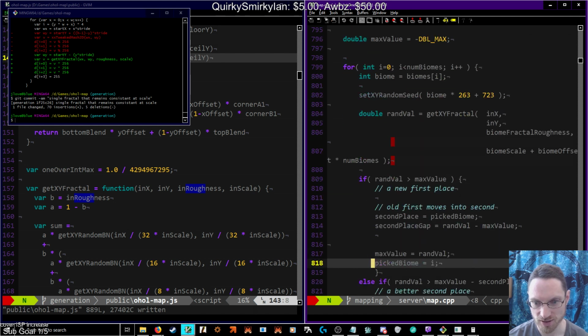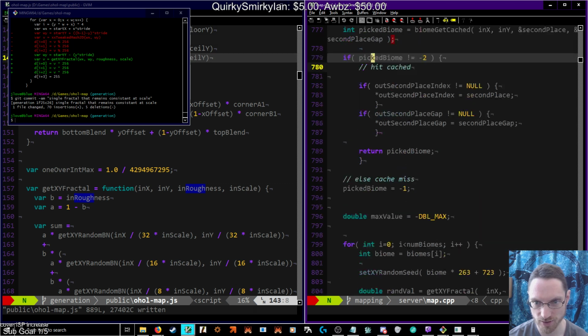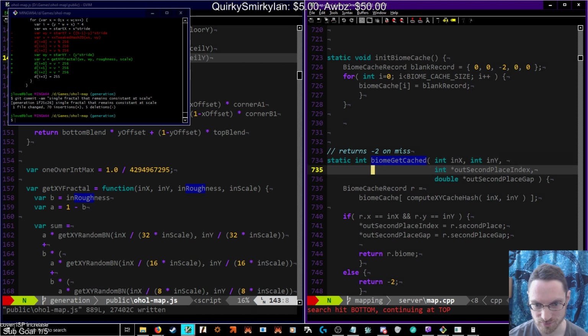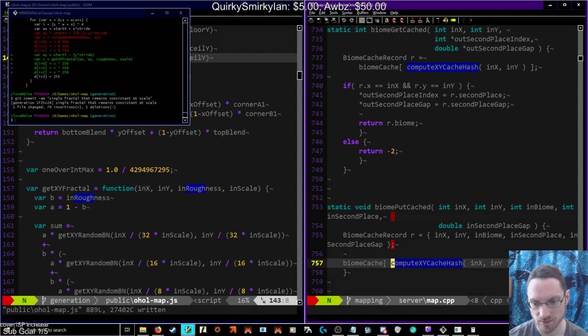There's a first and a second place over a bunch of fractals. Oh, compute XY cache hash. It's biome cache. Biome cache record.